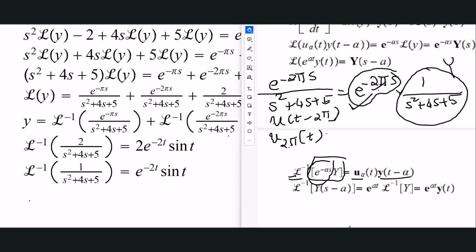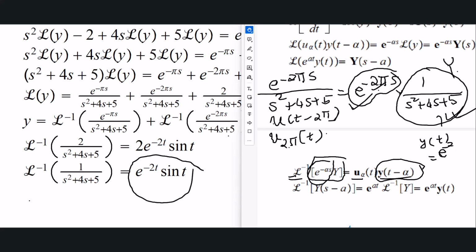Then the other part will be derived from the inverse Laplace of this, which you just saw is little y of t, e to the negative 2t times sine of t.